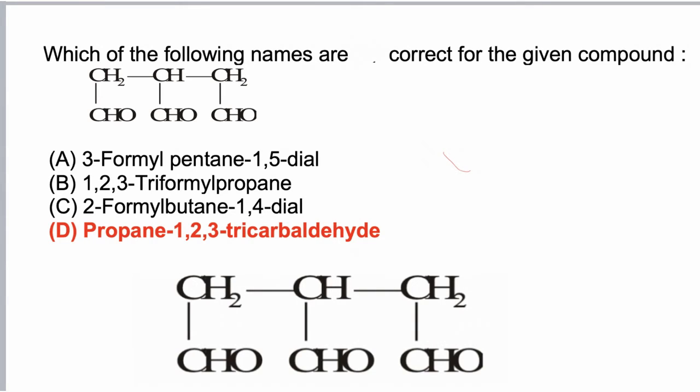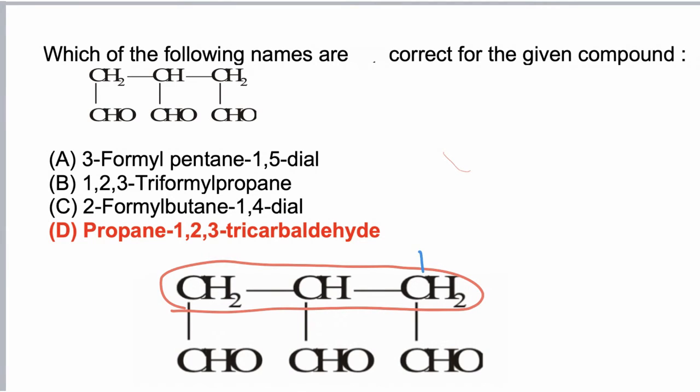In this question, we have to find which of the following are the correct name for the given compound. For this molecule, 2 or more carbon-containing functional groups are directly attached to the main chain, and then their carbon is not included in the main chain.